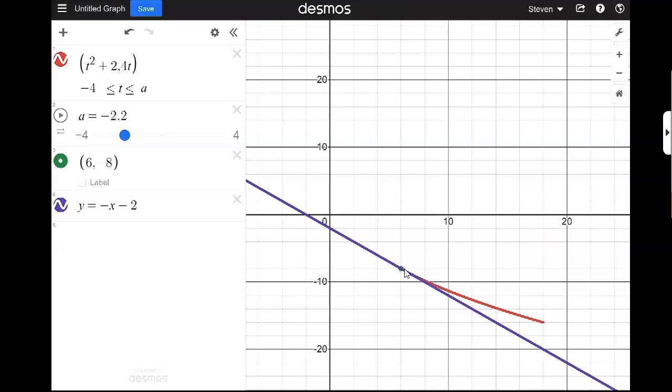The direction of the curve is actually moving up the other way, not moving left to right. It's coming from the right to the left right now. So if you were actually moving in the direction of the curve at this point, the way the curve is moving as the parameter changes, you actually have a positive slope of 1.